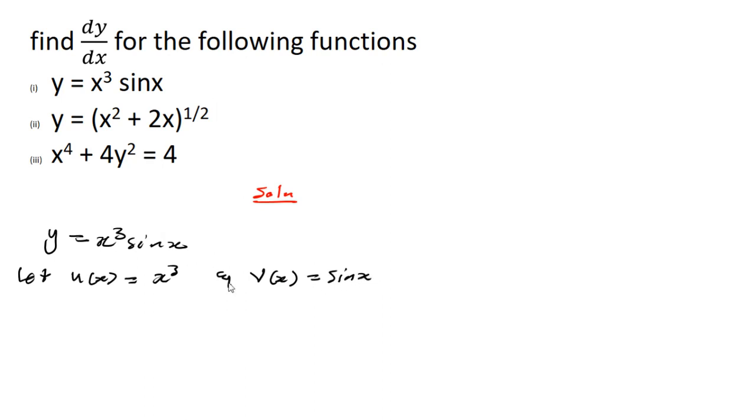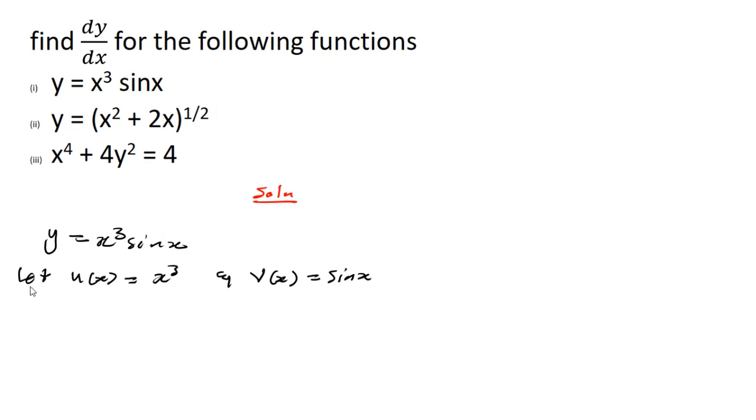This is because we have two expressions, x cubed and sine x, and these two expressions have been multiplied. So for us to work out this expression, we are going to use the product rule.